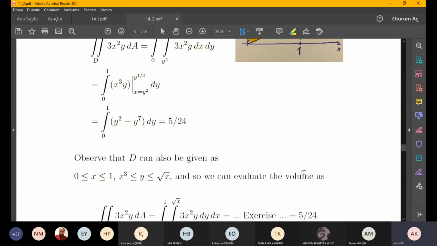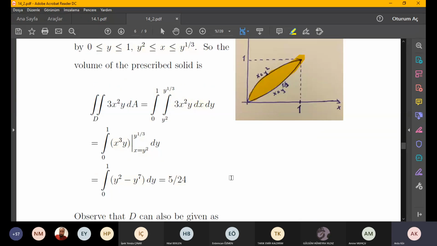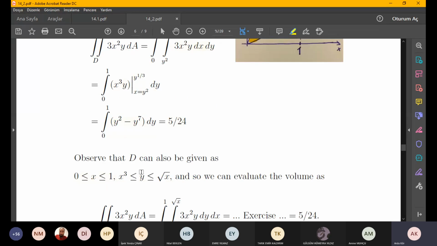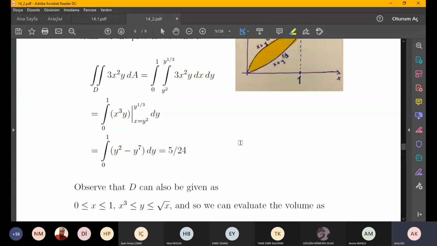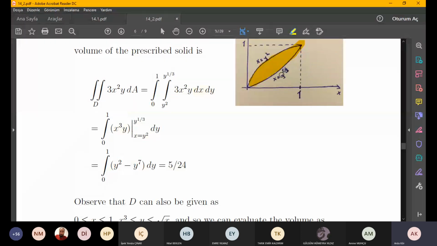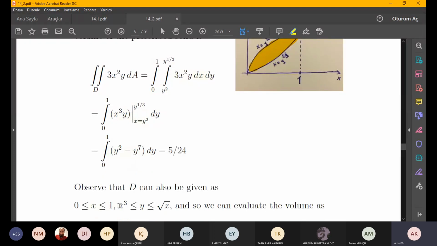Then y has boundaries here. x equals y to the power 1/3 means x cubed equals y, so the lower limit will be x cubed.